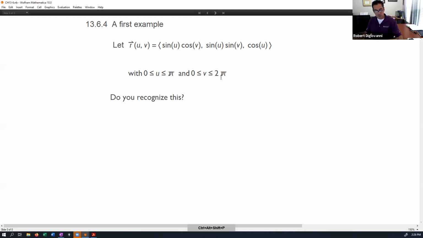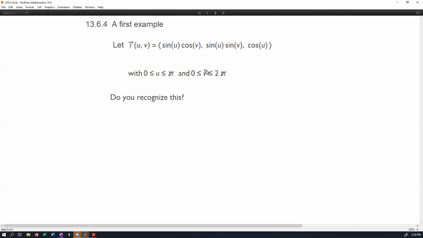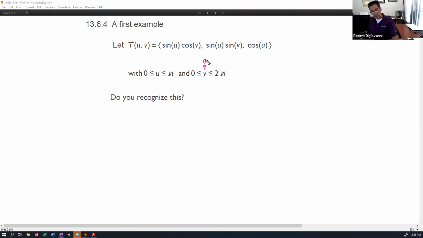You may or may not recognize this. If I replace my v's with thetas, and I replace my u's with phi, then you might recognize that as our spherical coordinate conversion.